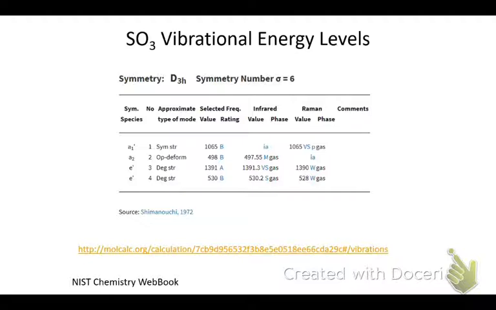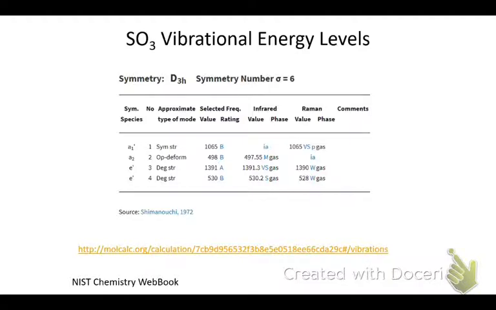And then, in fact, if you measure the spectrum, you can see that the A1 prime vibrational mode is missing in the infrared spectrum because it's not infrared active. But we get the A2 and the E prime modes. Likewise, the A1 prime is present in the Raman spectrum, but the A2 mode is not present in the Raman spectrum. But then we see the two different E modes at the same energies. So our group theory explanation for what we expect to see in the IR spectrum and the experimental spectrum match.